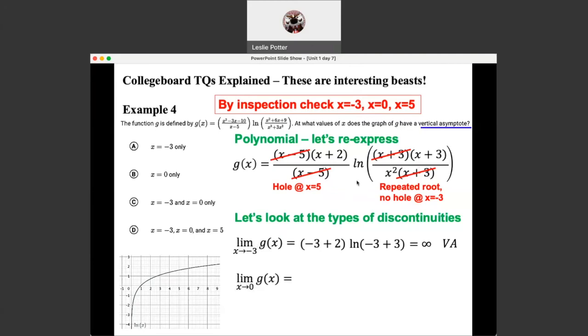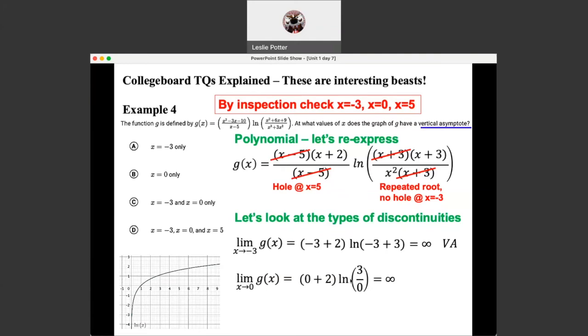We're going to do the same thing: plug in 0, and we get 2 times the natural log of something that's undefined. So we know that also goes to infinity, right? Because the natural log of 3/0 is the natural log of infinity, and when x goes to infinity, we know the natural log also goes to infinity.